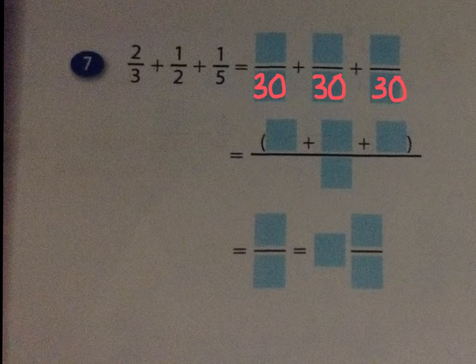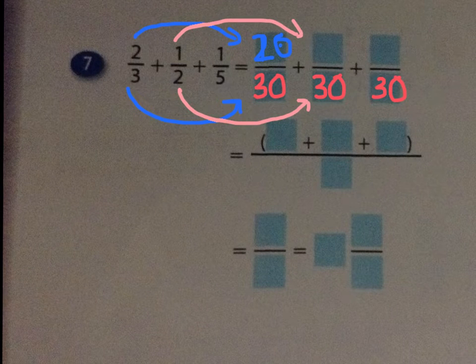Okay, let's find our equivalent fractions. 3 times 10 gives me 30, so 2 times 10 gives me 20. Then you have 2 times 15 gives me 30, so 1 times 15 gives me 15. And then you have 5 times 6 gives you 30, so 1 times 6 gives you 6.